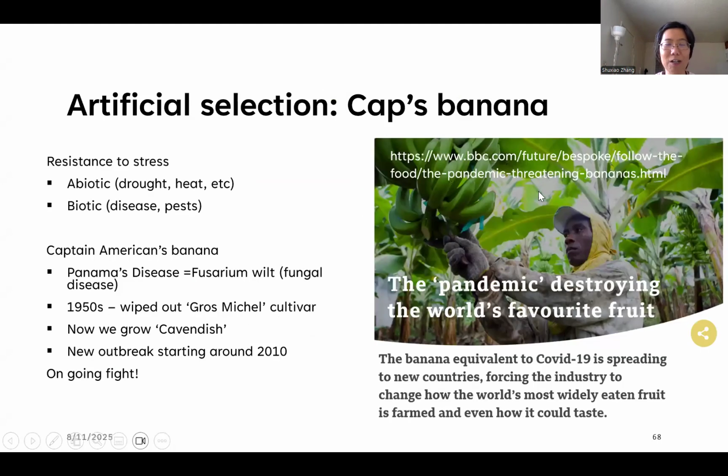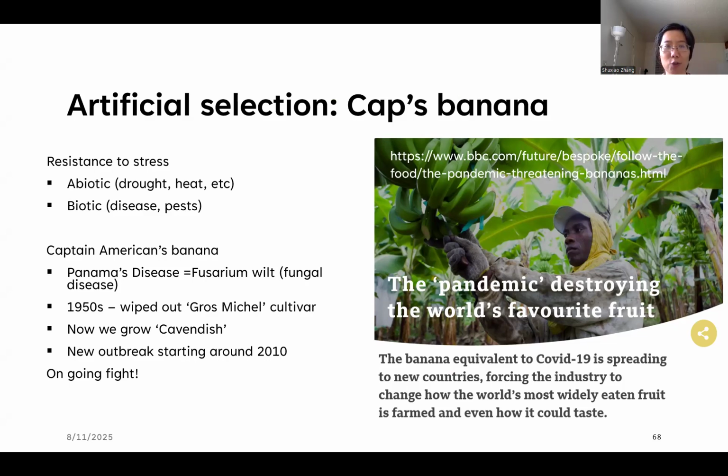Another thing that is part natural selection, part artificial selection, is bananas. So I call this the story of Captain America's banana. And this is based on the principle of resistance to stress. Plants undergo a lot of stress. It can be abiotic stress, which refers to drought and heat and so forth.